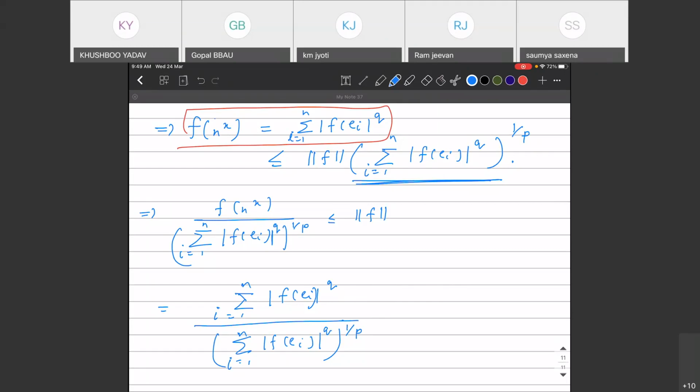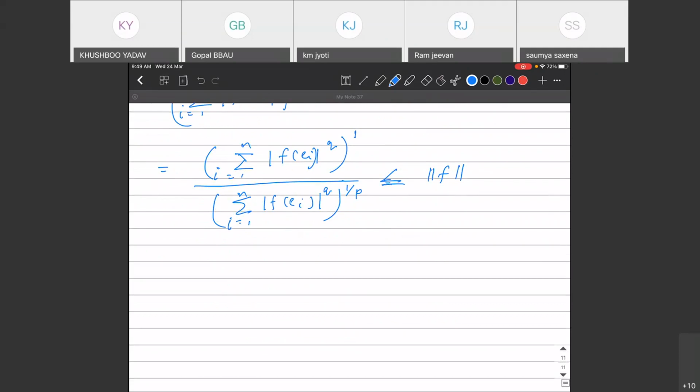So this is whole power 1, this is whole power 1 by p, and if you again solve it, you will get summation 1 to n f(ei) to the power q, whole power 1 minus 1 by p.